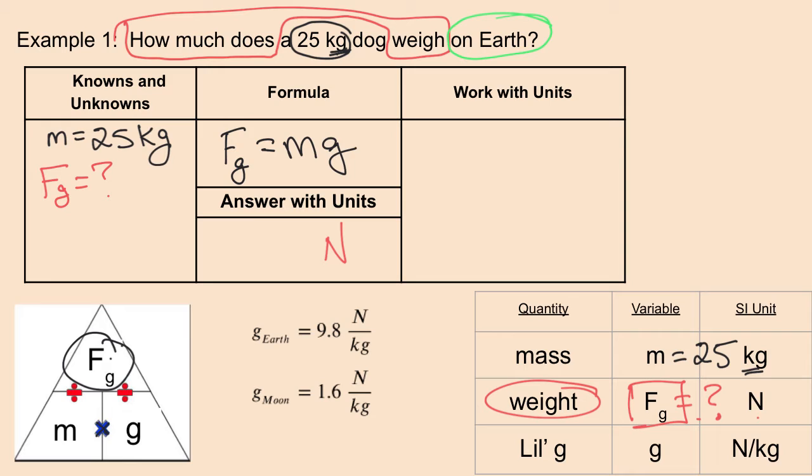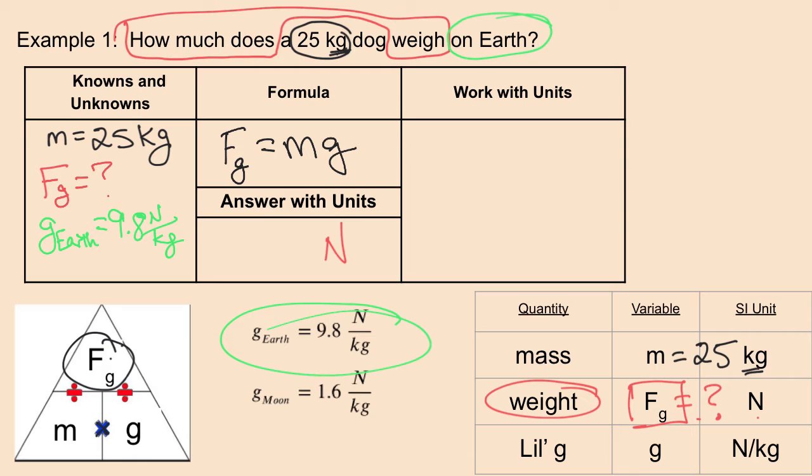So I know that the surface gravity, the gravitational field strength of Earth, is that. So I can write g Earth is 9.8 newtons per kilogram. Now I am ready, because I have all the things I need.